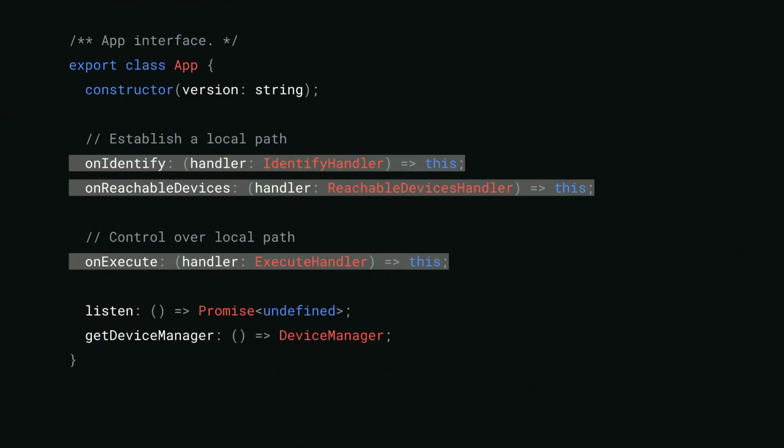Here we have onIdentify, onReachableDevices, and onExecute methods, which you can call to attach the handlers for your app. After your app has attached the handlers, we call the listen API, and that's an indicator to the SDK that the app is now ready to process these intents. And notice that these methods are chainable. Finally, when you are ready to communicate with your device, you'll call the getDeviceManager API to get the singleton object for the device manager and use the send API.